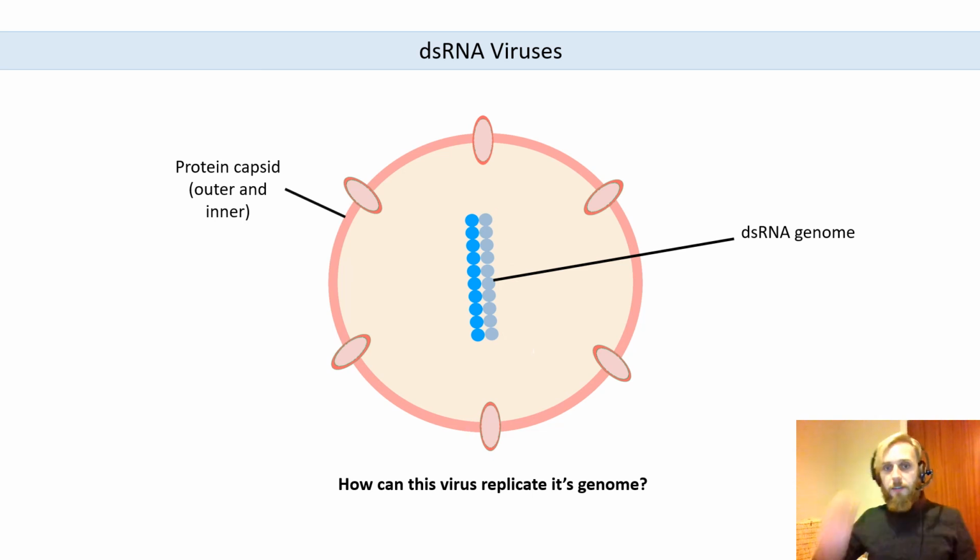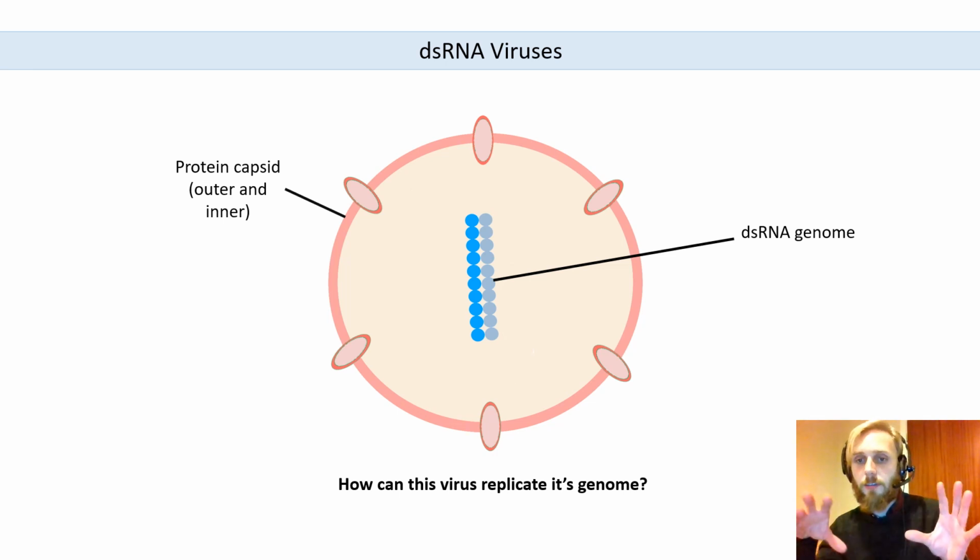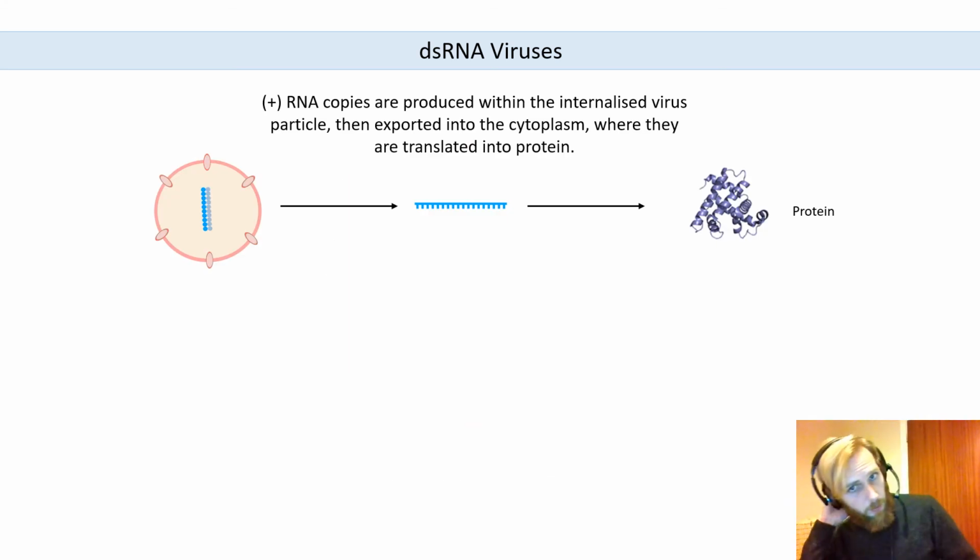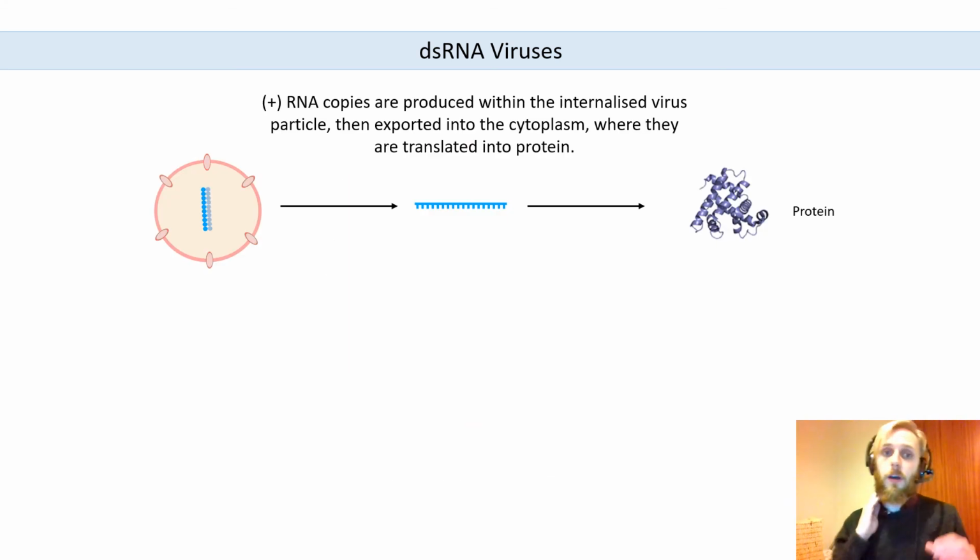So just a diagram here, so we know what we're thinking about. We have the virus with the double-stranded RNA genome in the middle. So the first step, fairly simple. RNA copies are produced within the internalized virus particle, then exported into the cytoplasm where they're translated into protein.